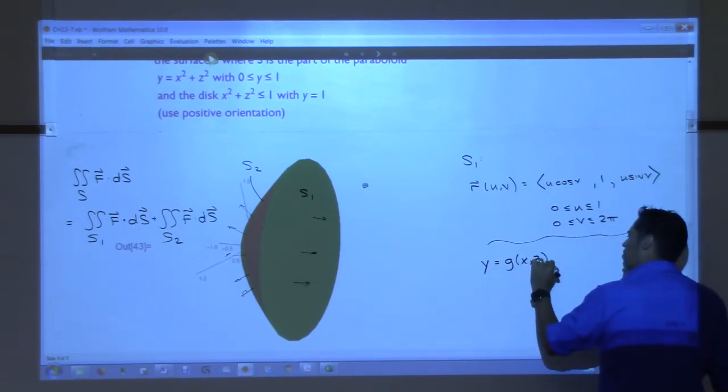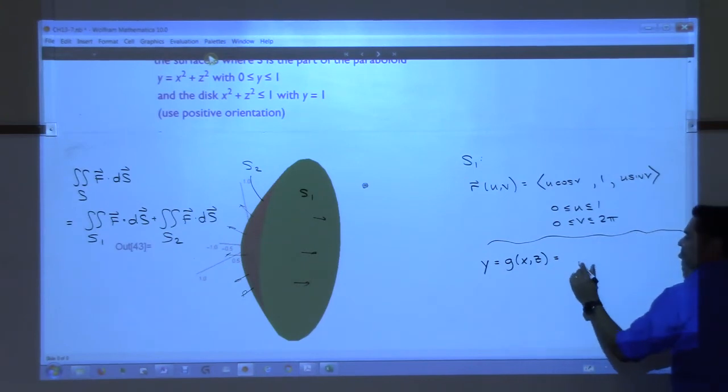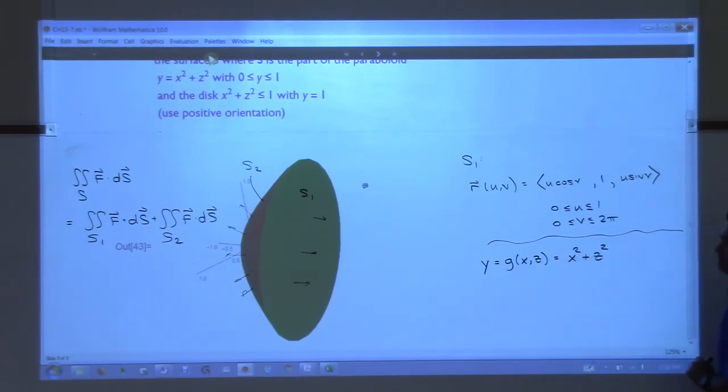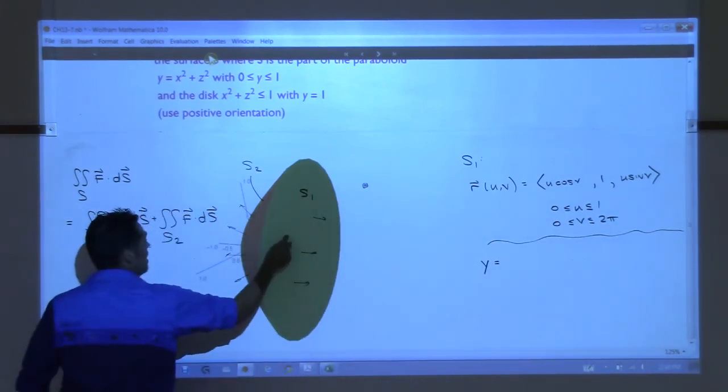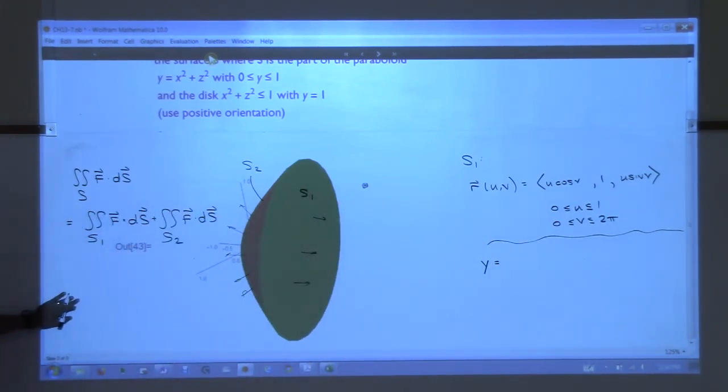What is that function? x squared plus z squared, right? Hold on. No, what am I doing? That's not it. I was doing the S2, sorry. Can you look at S1 as being a function? What is it?